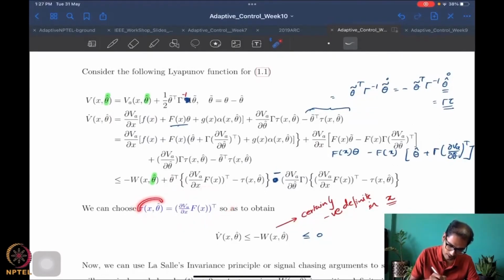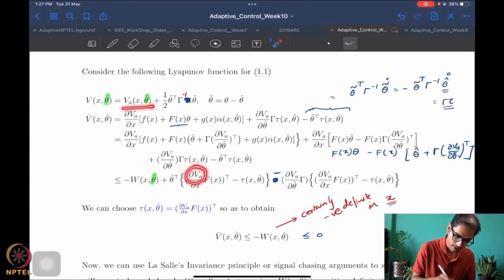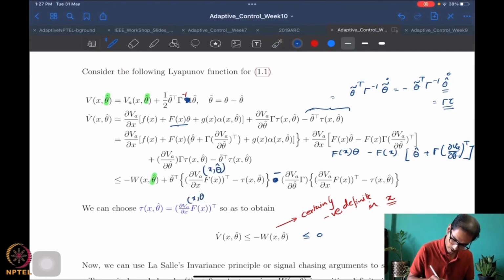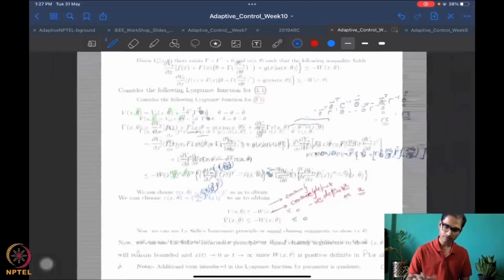You can see that there is a hat quantity here, hat quantity here, right? So the tau is essentially coming from this guy. Absolutely right, because the VA contains only the hat quantities here, and therefore the tau will also contain only the hat quantities, because you replace the thetas by the theta hats here. So I will actually mark it here. So when you do this, x theta hat.